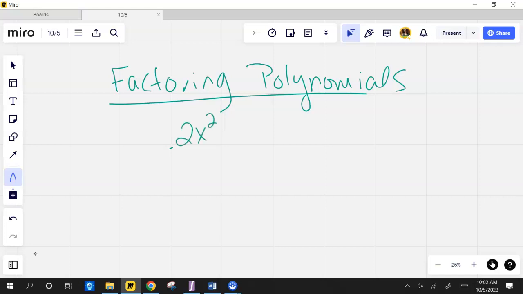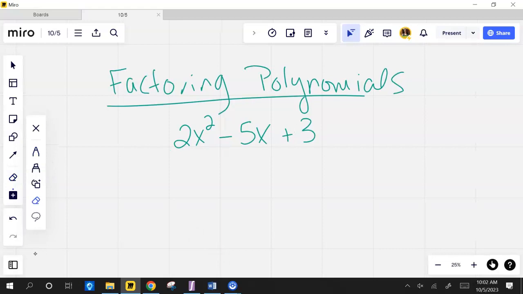If I had something like this. No, that's just a blob. How would I factor that?